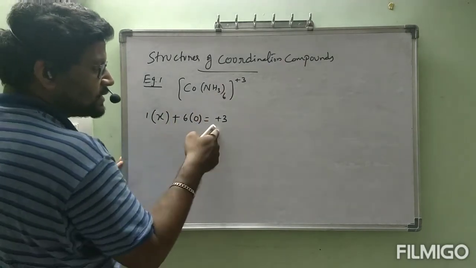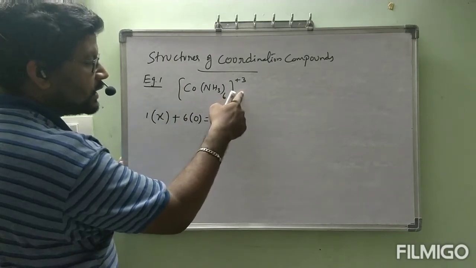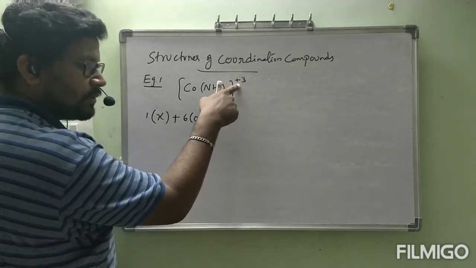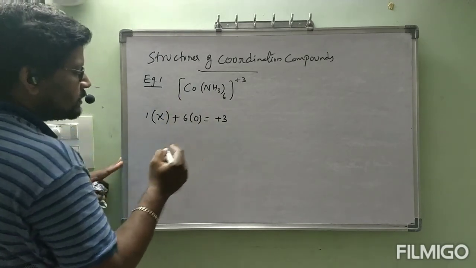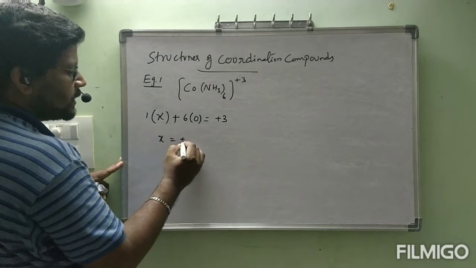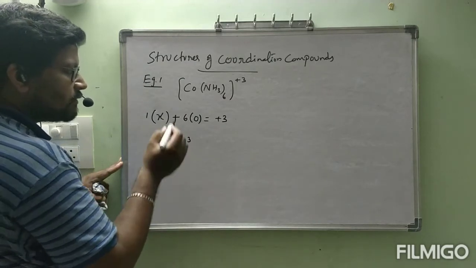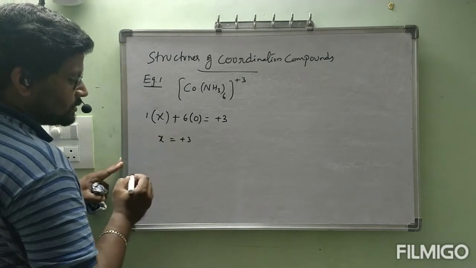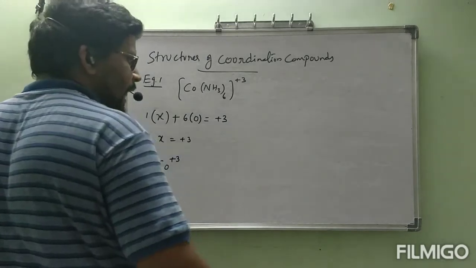Why did I write plus 3 here? This complex is not written with counter ions; it has some charge on it, plus 3. So this total is equal to plus 3. X is equal to plus 3. So the oxidation state of cobalt is Co3+.